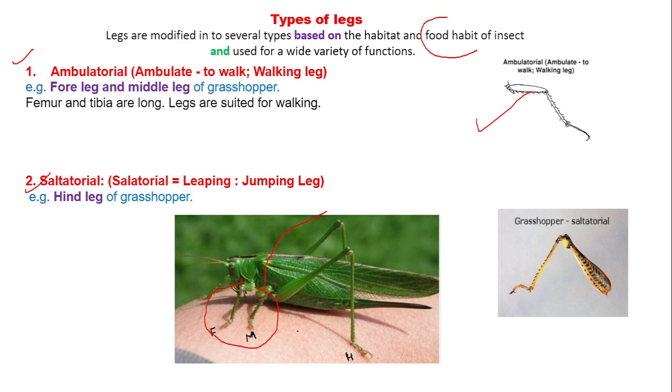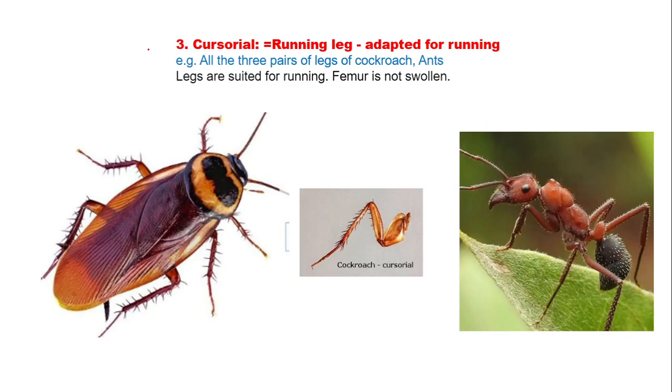The hind leg of the grasshopper is the saltatorial leg, which helps the grasshopper in jumping. Cursorial legs. These are the running legs. All three pairs of legs of cockroaches and ants are running legs. These legs are suited for running in these insects.